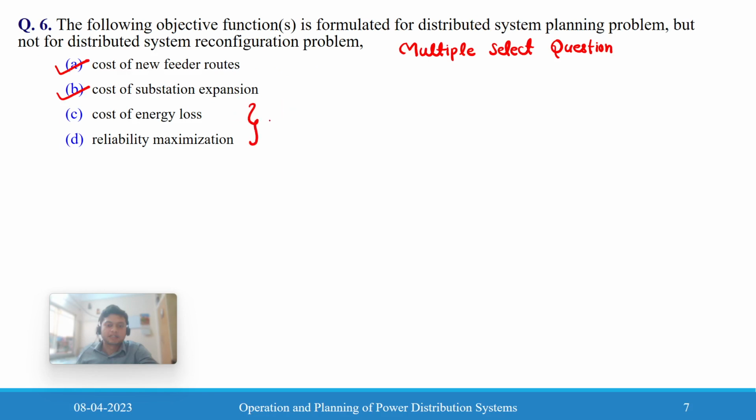So these A and B can be objective functions for planning, and C and D are objective functions for the distribution system reconfiguration problem.